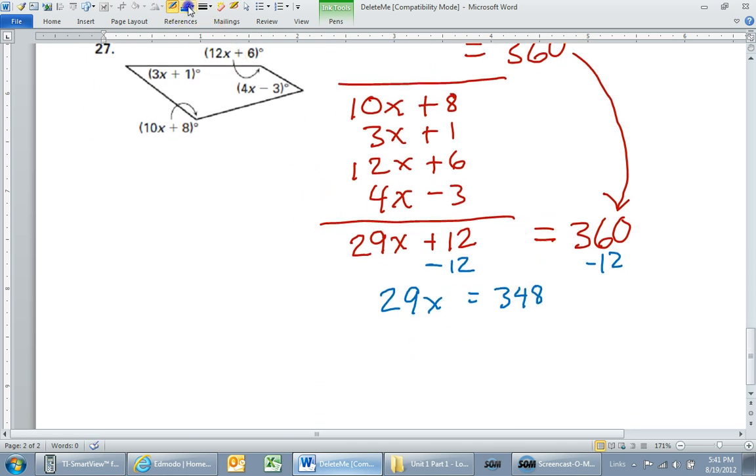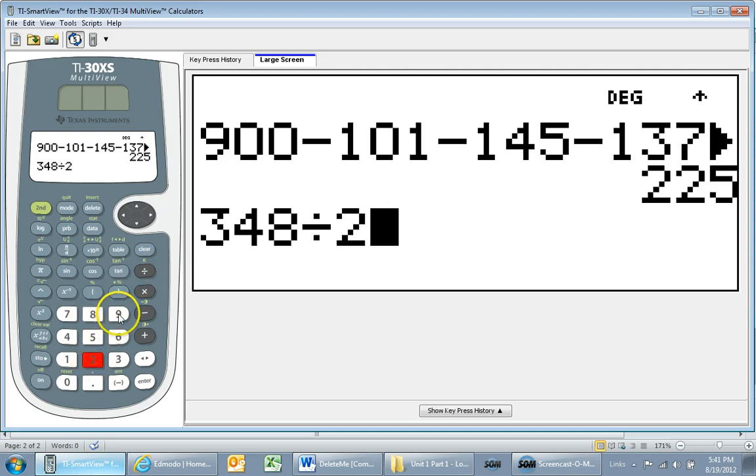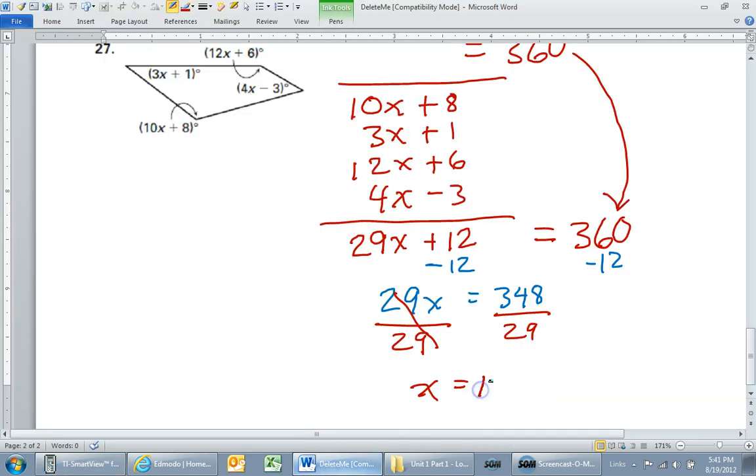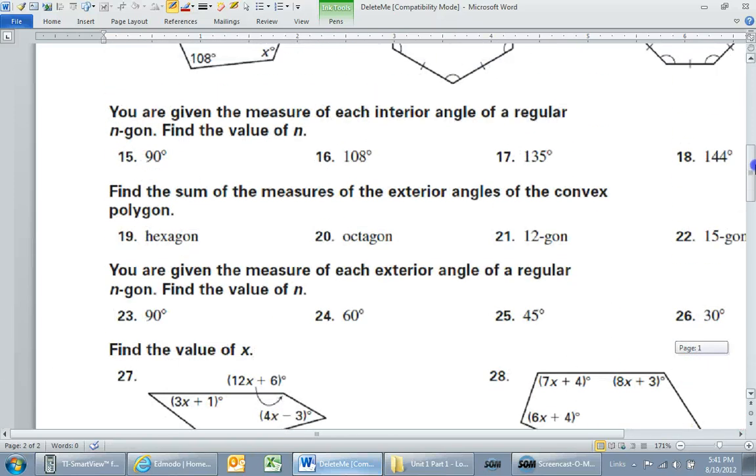And then I'm going to divide both sides by 29. 348 divided by 29 is 12. So x turns out to be 12. That should give you an idea of how to do those types of problems from your homework.